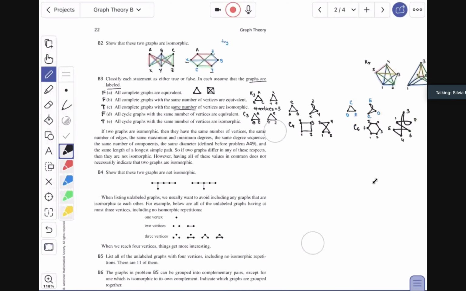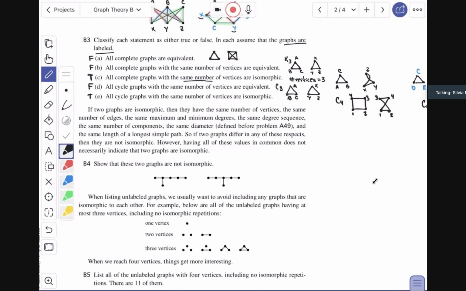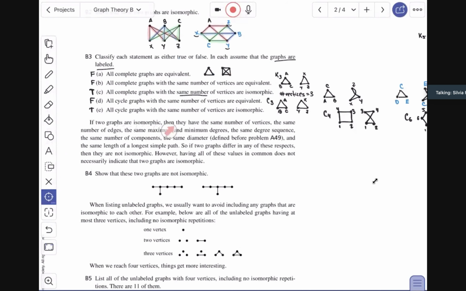So, if two graphs are isomorphic, then they have the same number of vertices, same number of edges, the same maximum degree, minimum degree, degree sequence, number of components, same diameter, which I told you to please read in those exercises. They have essentially the same everything. So if you find two graphs that have a different number of vertices, or different number of edges, or different minimum degree, or different maximum degree, any of those things, you can automatically say they're not isomorphic.